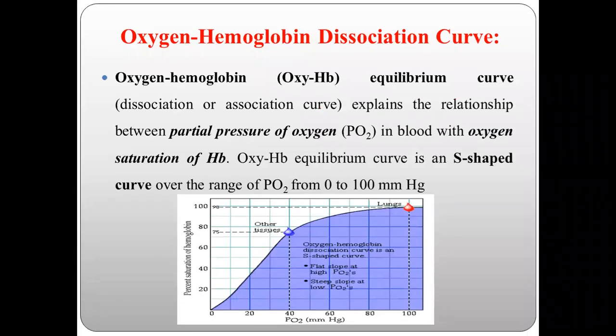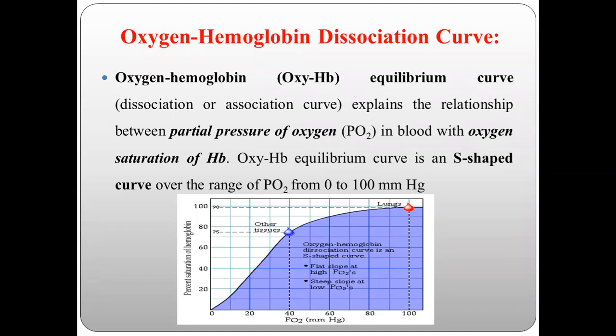Now this particular transport which is occurring in combination with hemoglobin is explained with the help of an oxygen hemoglobin dissociation curve. Actually it is an equilibrium curve, so it is dissociation also and association also. But very commonly it is termed as oxygen hemoglobin dissociation curve.